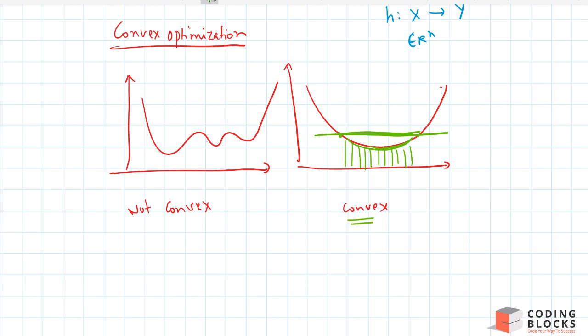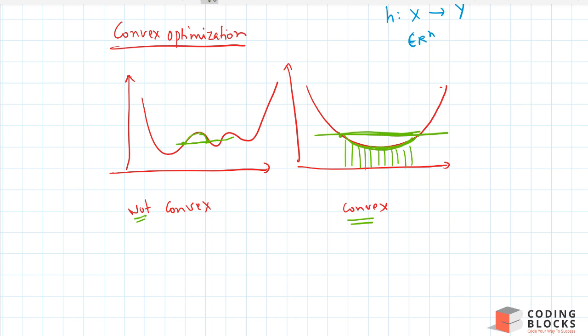But suppose you draw a line between these 2 points, you will see that this part of the function lies above the line, so this function is not convex. So this is how you can visualize a function. You can check if you are able to draw a line, and if the function lies below the line or on the line, then it is a convex function.